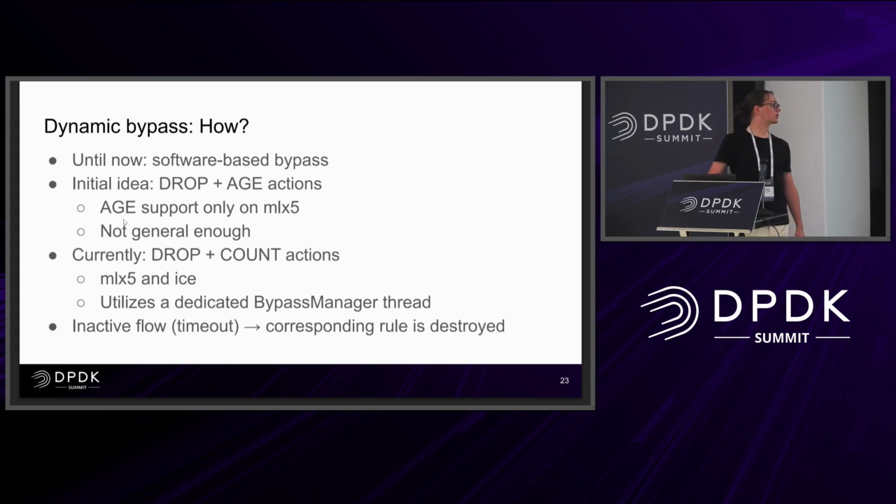We were looking for another solution, and currently, as the dynamic bypass is still work in progress, we are using drop and count actions. Both are supported on MLX5 and ICE, and we are also utilizing a special thread we call a bypass manager to not put more load on the workers, so the bypass manager can manage and offload these rules and everything around it.